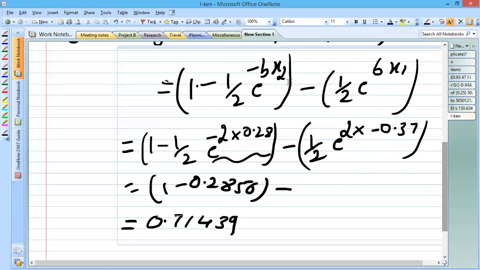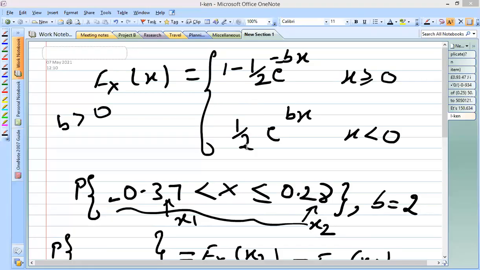Have you written it? x2 is positive. So for positive value of x, here we have the CDF for x2, which is positive value 0.28. So for that you need to substitute the equation of fx of x2 as 1 minus 1 by 2 e to the power minus b x2.